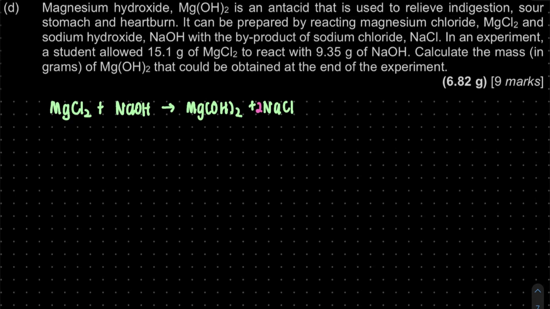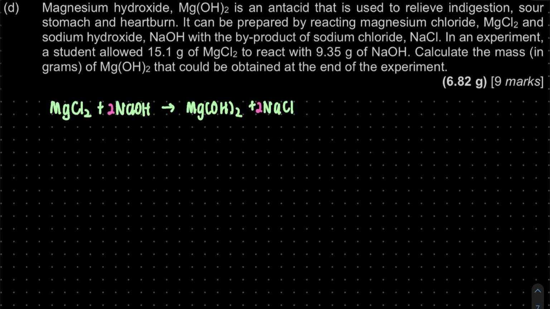If I have 2 NaCl, here my chlorine is balanced, but my sodium here is only 1, sodium here is 2, so here is 2 as well. Okay, so we can see here our OH is 2, so here 2 OH. So the equation is balanced.